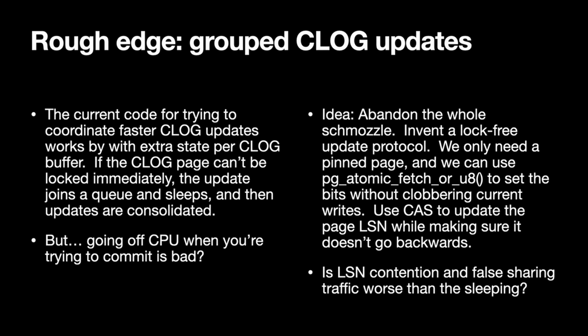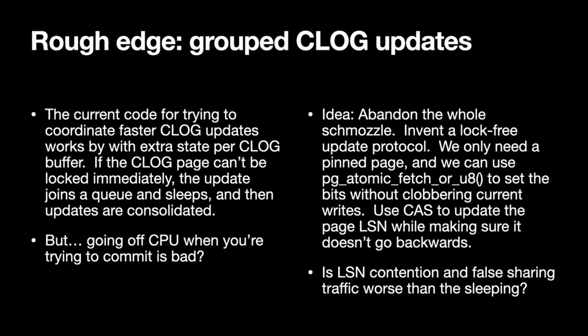The transactions that are committing concurrently are almost certainly going to be on the same clog page. So we have this group clog update scheme, which, if it sees someone else is currently locking and updating the clog page, will put some information on a list, which allows one locker to apply the clog updates for other backends, which sounds good, but if you're going to sleep while waiting for that to happen, it's still kind of bad.